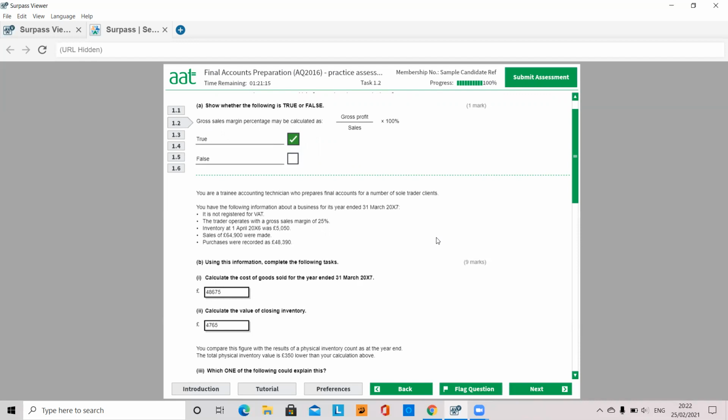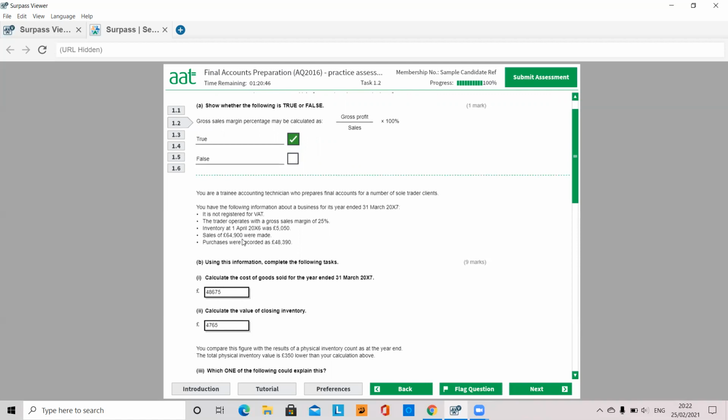So there's a few ways you can do this, but what I was tempted, because we know that the gross profit margin is 25%, and we know that the sales are 64,900. So if you do 25% of the 64,900, that will give you the gross profit. Sales minus cost of sales equals gross profit.